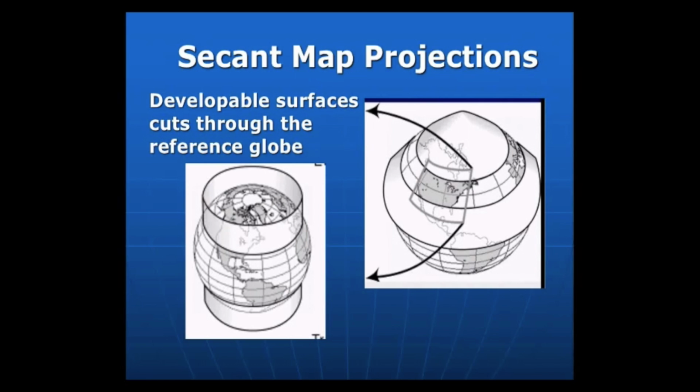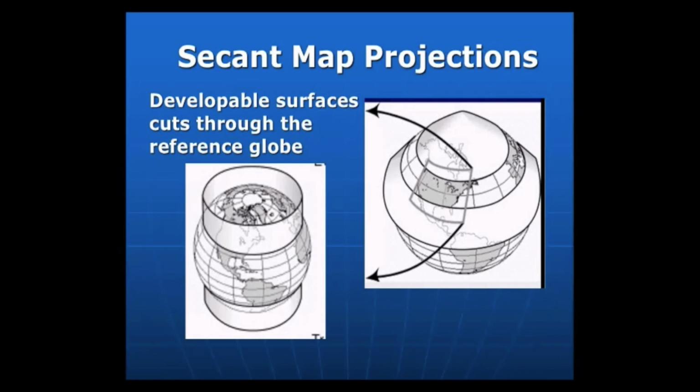Now, okay, so you have your developable surface. Which one? The cone, the cylinder, the azimuthal. You have your standard points and lines, right? This is our recipe. And then what aspect we can put them at. And then the last part of the recipe would be, is it secant or not? Does it cut through the earth?